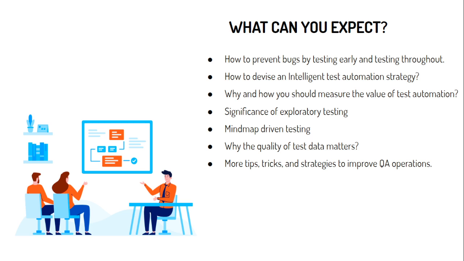You will learn how to devise an intelligent test automation strategy and how to measure the value of test automation. You will learn the significance of exploratory testing and how we can use mind map driven testing to complement exploratory testing. We will also discuss why quality of the test data matters.